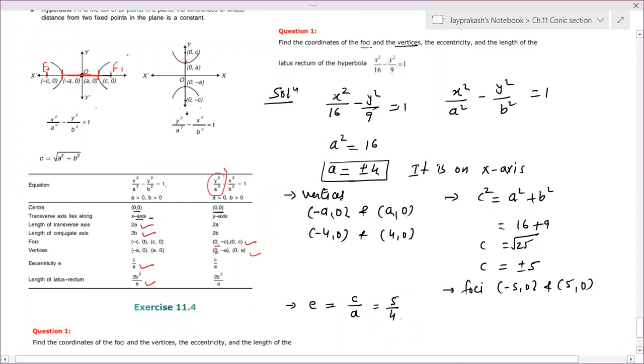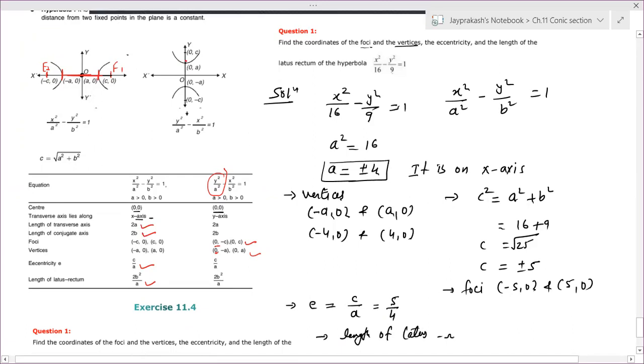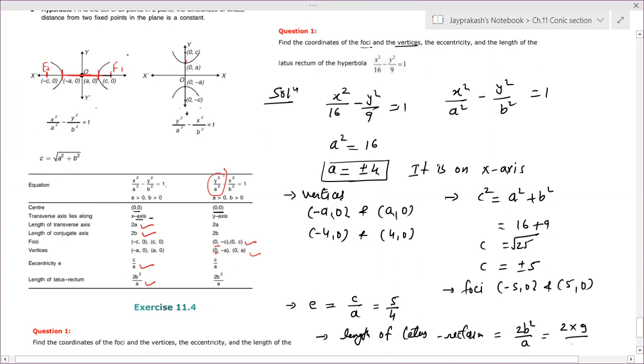Then we need to find the length of latus rectum, 2 b square upon a, which is equal to 2 into b square. So b square is 9, and the value of a is positive 4. So it's 9 by 2.